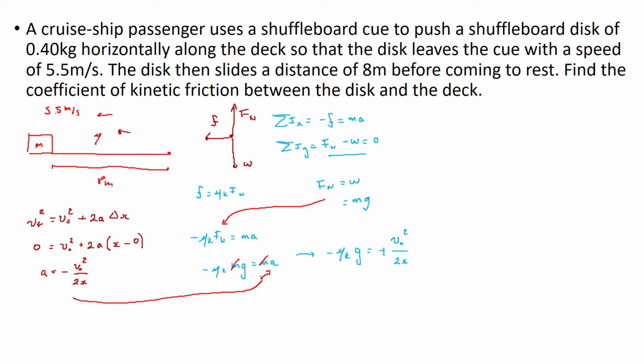The negative signs cancel, and I'm just left with mu k equal to initial velocity squared over 2x times gravity.